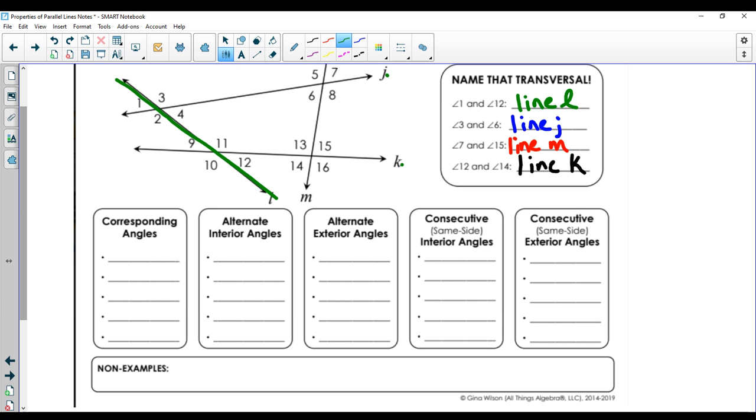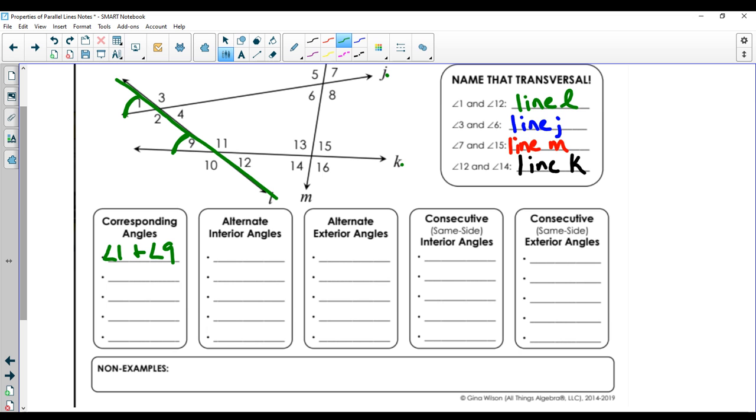So what are some corresponding angles? Well, the first pair I noticed, we're going to say angle 1 and angle 9. Angle 1 and angle 9. And you can kind of see what I mean by that. They're on the same side of this transversal line, and they're both in the upper left-hand corner of their neighborhood.